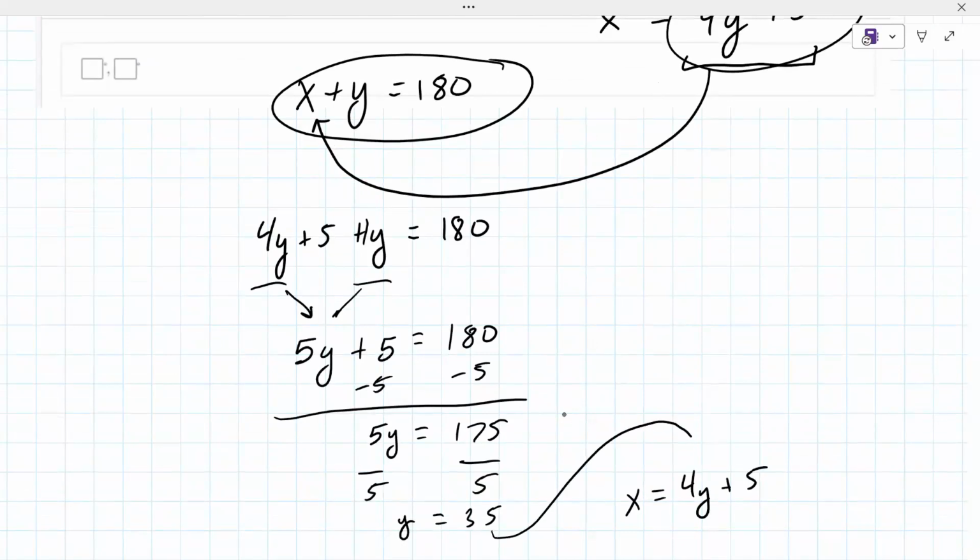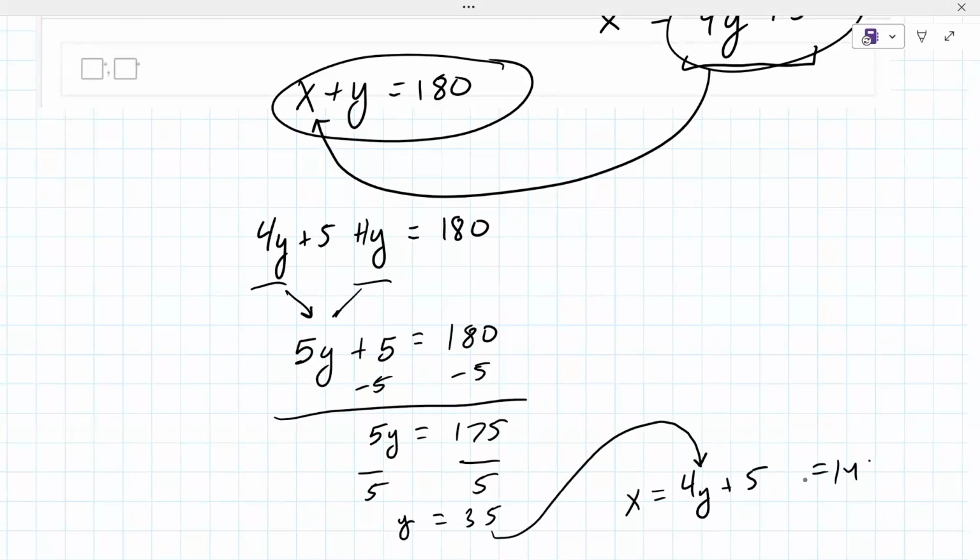I want you to put that value in for y and tell me what you come up with. So I would multiply the 35 by 4. And then add 5 to it. Okay. I got 145.